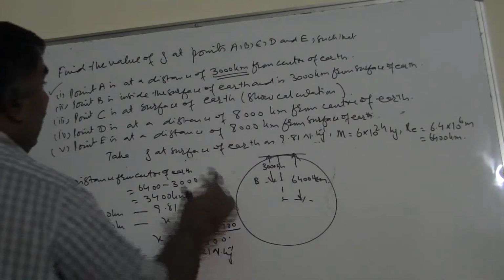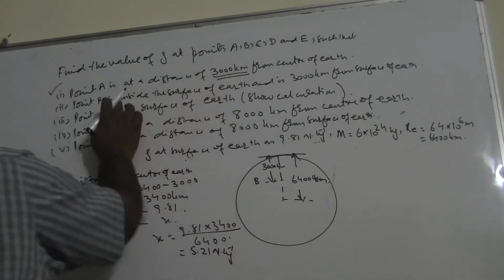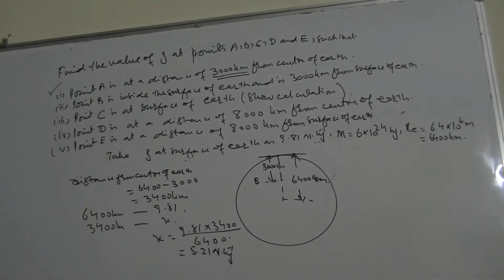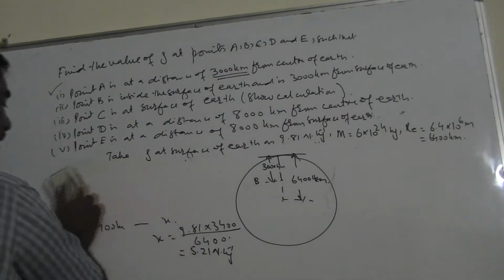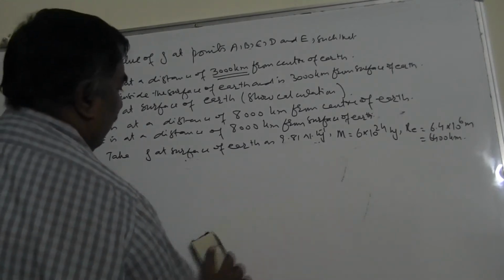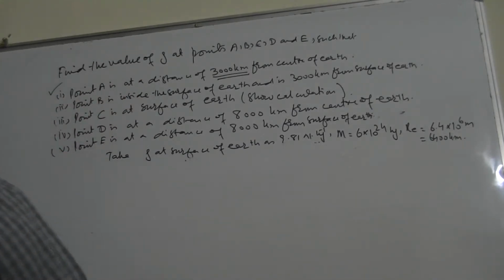See the difference. Here I used directly this one, but here I first subtracted because I want to find the distance from center of the Earth. Then I can use the ratio method. But if the point is outside the Earth or on the surface of the Earth, then we always use the formula. That's simple.